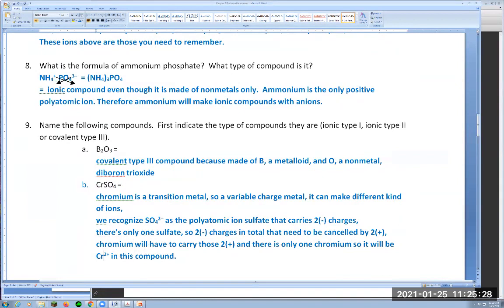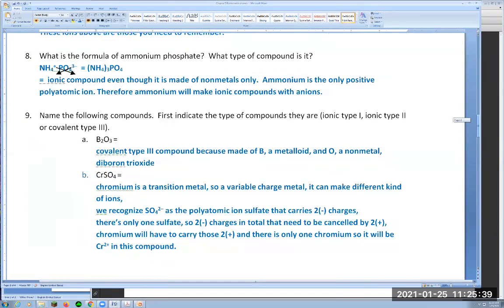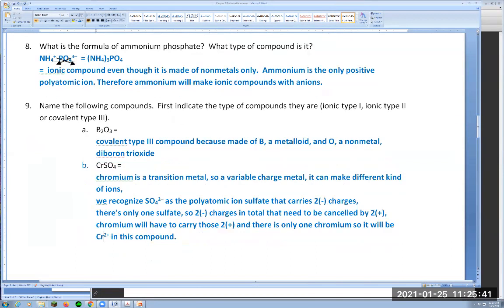So chromium 2 plus will be named as chromium, parentheses, 2 in Roman numerals, close parentheses. And then when you have a polyatomic ion, you just name the polyatomic ion as it is in the list. So that's going to be chromium(II) sulfate.